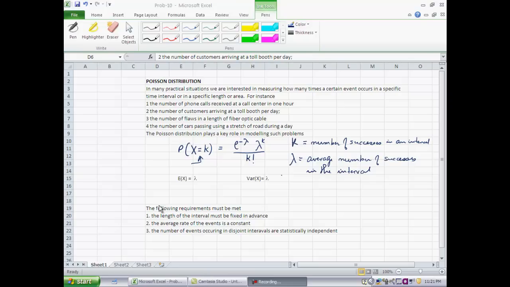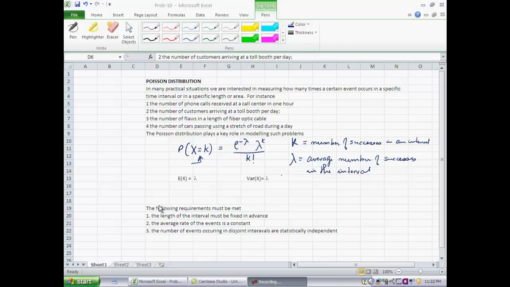Some examples: I may be interested in knowing the likelihood of a certain number of phone calls arriving at a call center in 1 hour, or the likelihood of a certain number of customers arriving at a toll booth per day, or the number of flaws in a length of fiber optic cable. For the first two experiments, the interval is one of time, but for the third experiment, the interval is one of length or space.